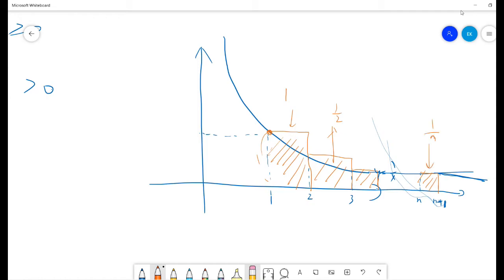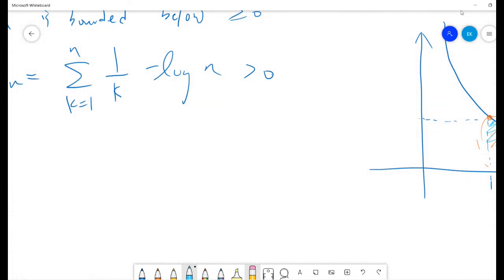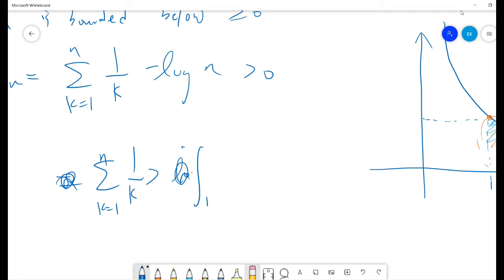From this picture, you know that the area of these red rectangles is larger than the area below the curve, the integration of 1 over x from 1 to n+1.